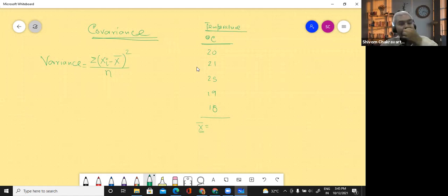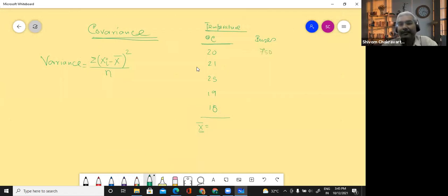Now many times we would be interested in how two variables vary together, like temperature and number of buses running in Pune. I'm just taking figures. Maybe that is a little too high, let's keep it at 700, 800.